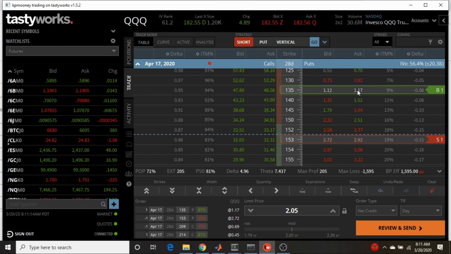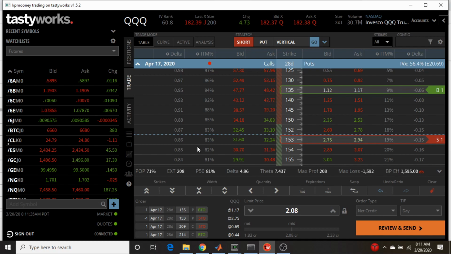Okay, so we're actually getting $2 and about $2 for this iron condor, which gives a probability of profit of about 71% and a probability of making 50% of about 80%. So that's actually pretty decent.